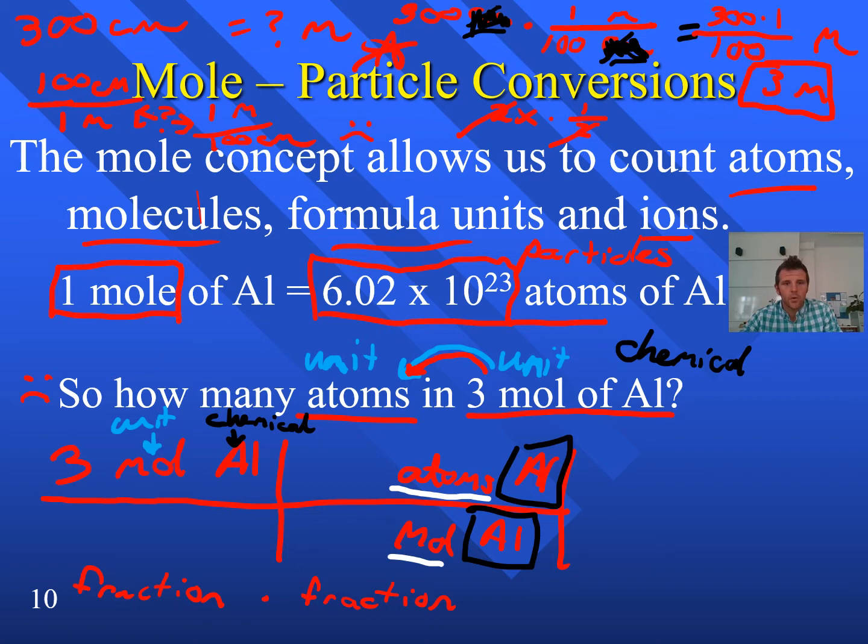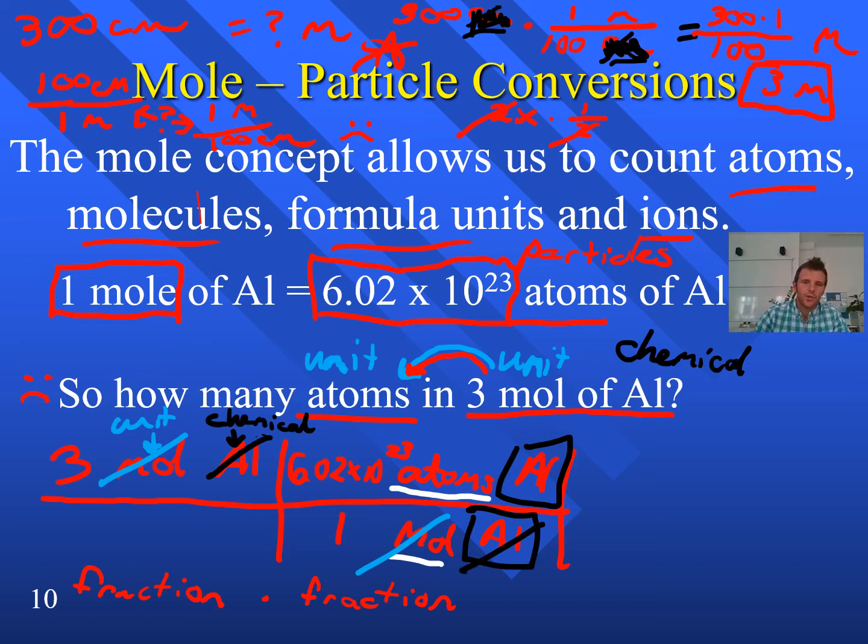So 1 mole has 6.02 times 10 to the 23rd atoms. I get to cancel out my old unit, and then just by looking at this, and if you want to, what you can imagine is I'm also canceling out aluminum since that's on the bottom of the fraction as well.